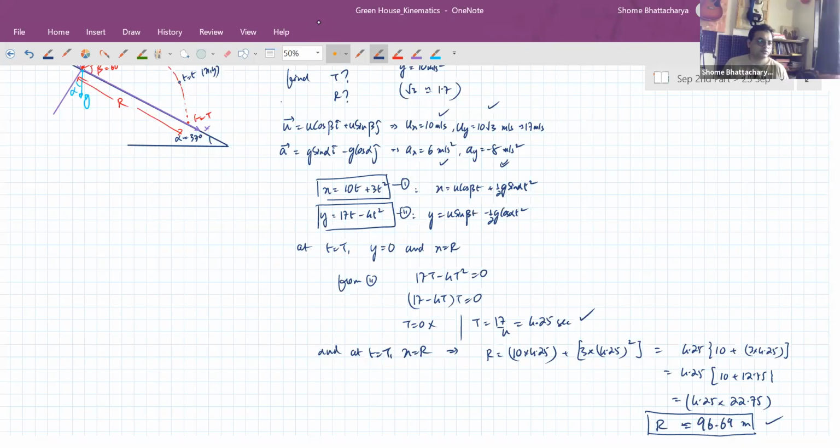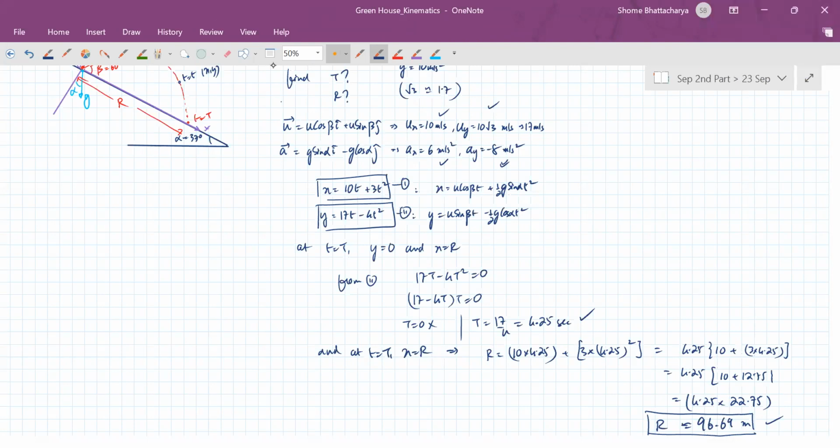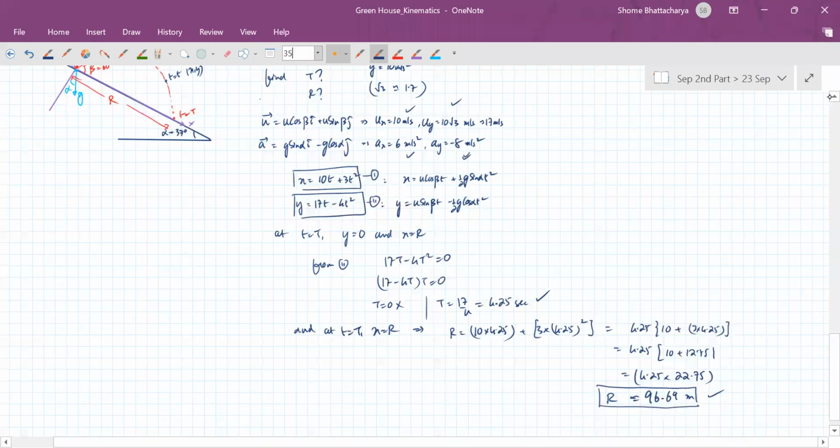Okay, so this is an example of projectile motion on an inclined plane and how to use the system of inclined axes for this case. Okay.